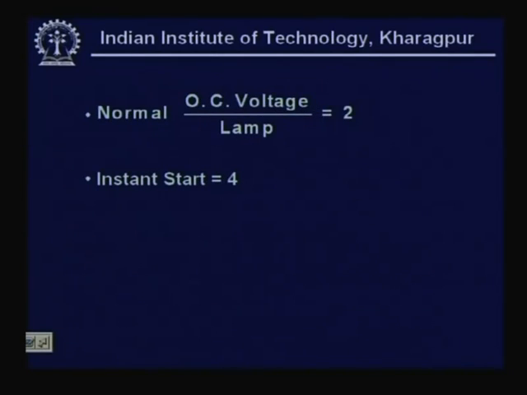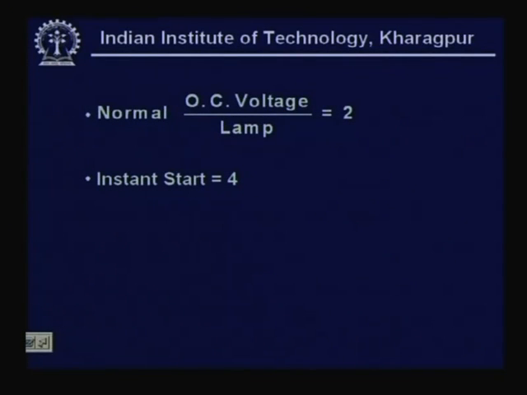And as we said, normally we try to have at least the arc voltage drop across the lamp, that is only the arc tube, to the open circuit voltage, the total supply voltage, at a ratio of at least 2. But we have seen that when we switch on, there is some amount of flickering. That is because at times the required voltage may not build up, or even if it has built up, there is insufficient vaporization and the arc does not get established.